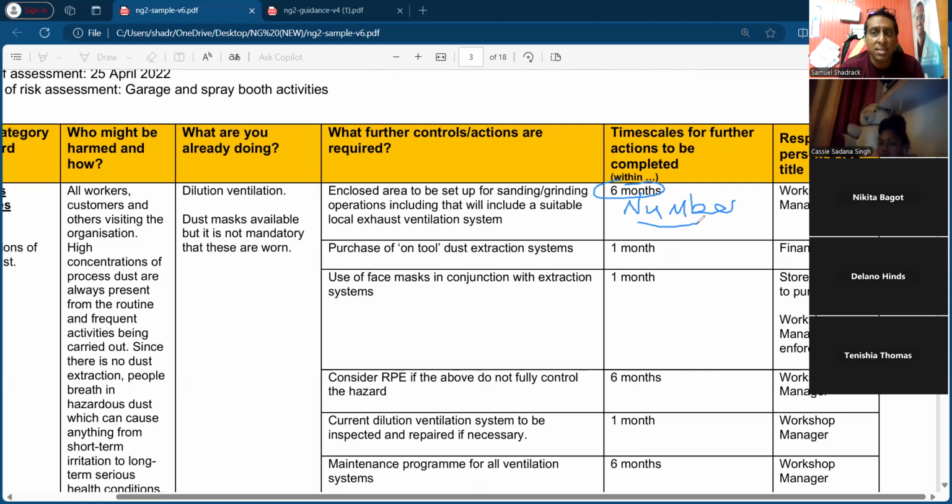Well, ongoing is not a number, so that would be incorrect. Some people put a time scale like immediate. Immediate is not a number, so immediate is wrong. The time scale must be a number. It must be like what you're seeing here: 6 months, 1 month, 1 month, 6 months, 1 month, 6 months. That's correct.